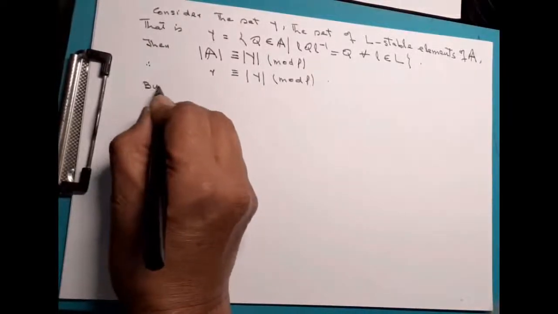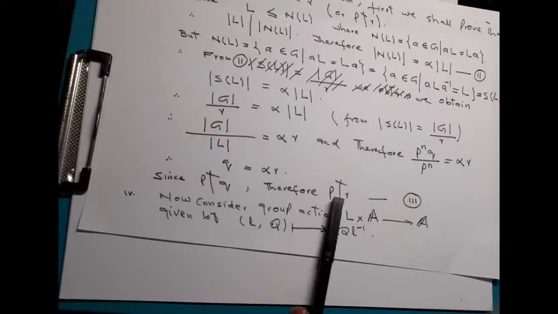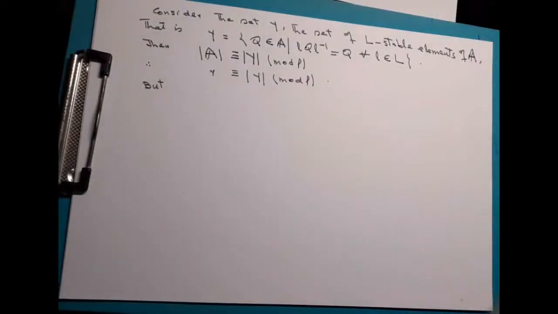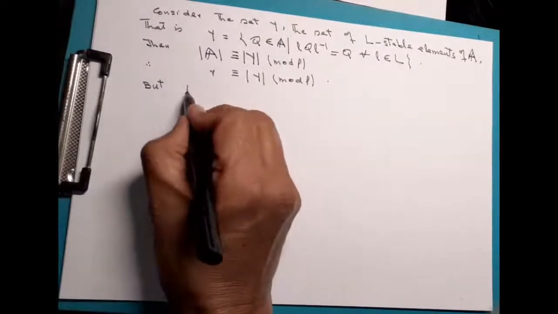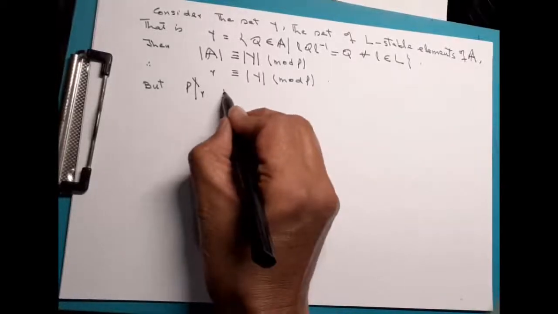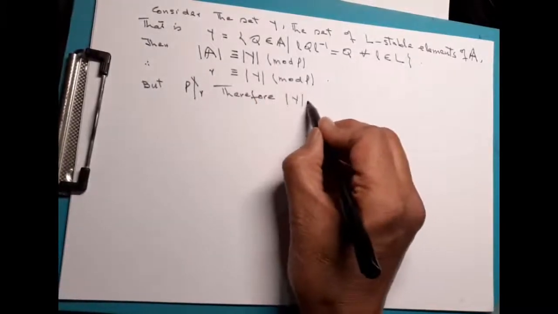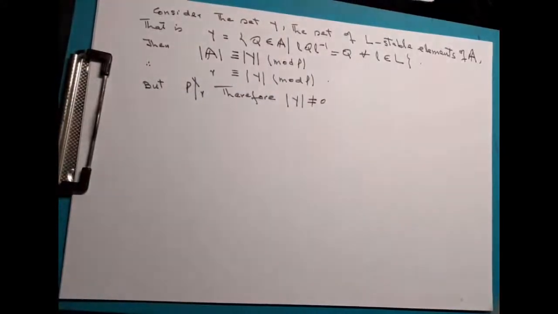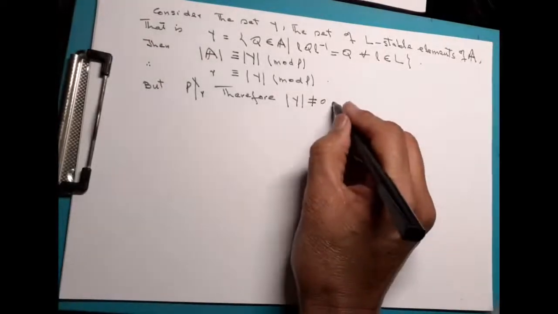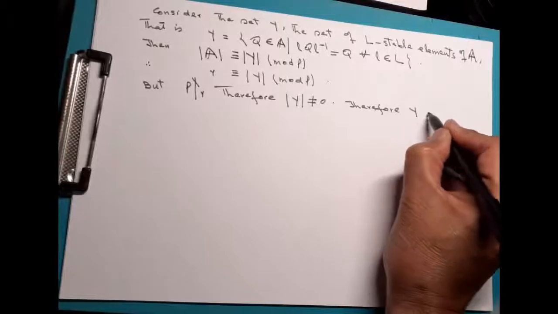But now note that we have proved that P does not divide R. Since P does not divide R, therefore the number of elements in Y cannot be equal to 0, because this can be equal to 0 only if P divides R. Therefore Y is non-empty.